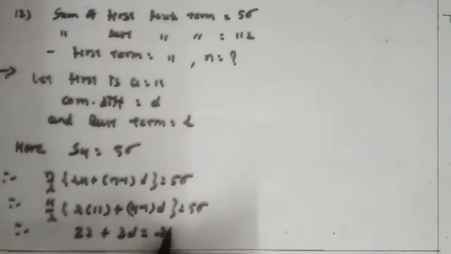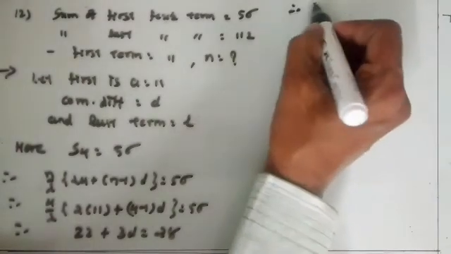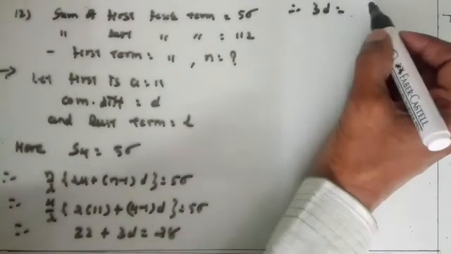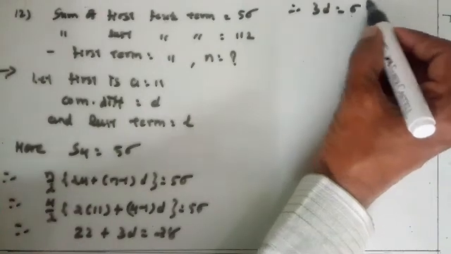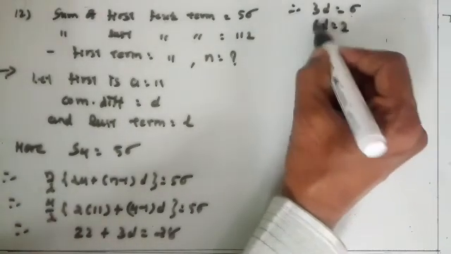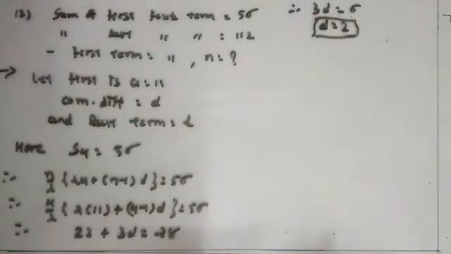Therefore 4 upon 2 is 2, take this side, so 56 upon 2 is 28. Here we get 22 plus 3d is equal to 28. Taking 22 this side, 3d is equal to 28 minus 22, which is 6. So d is equal to 2. Clear? So the common difference is equal to 2.